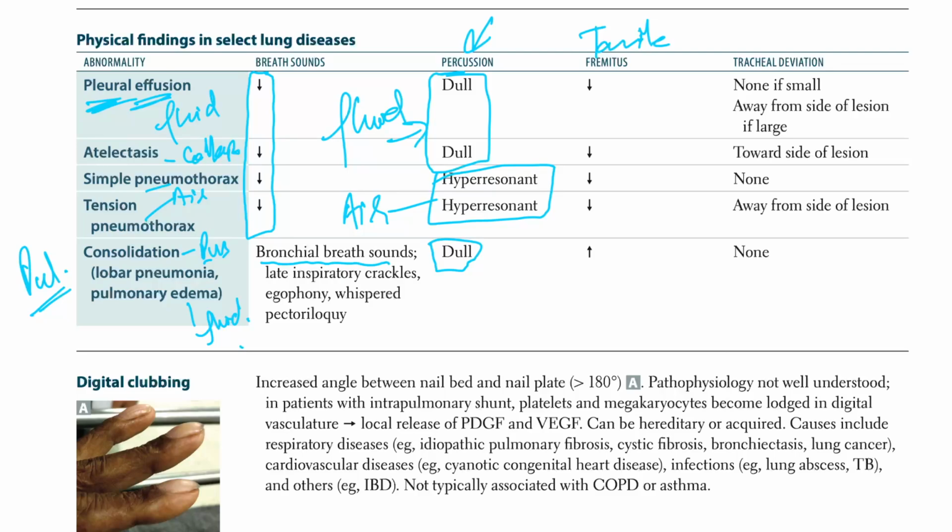Is it increased or decreased? It is decreased in your fluids, except in your pus. It does not travel through fluid, right? But with consolidation, it goes through even more, so it becomes more. You can feel it more.